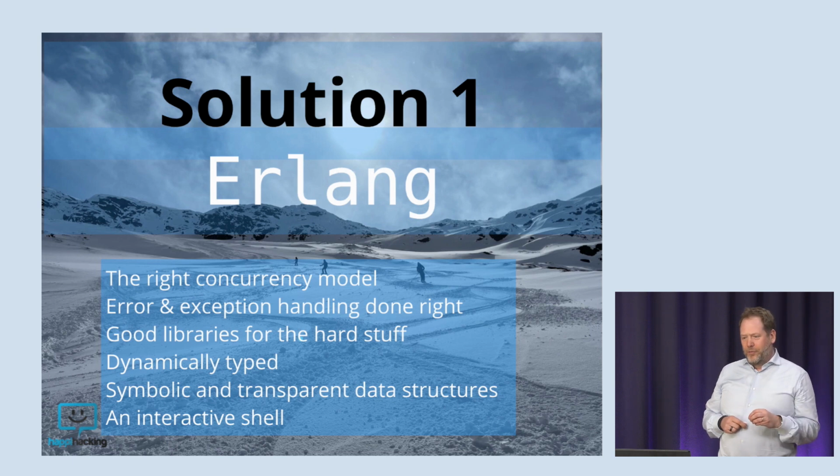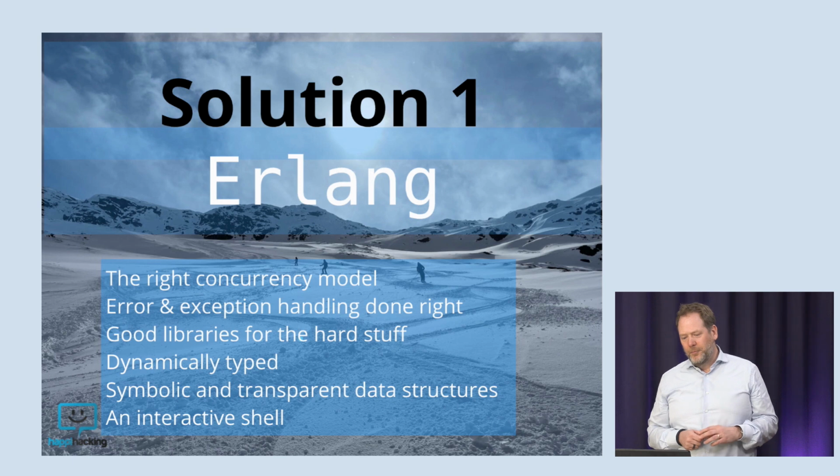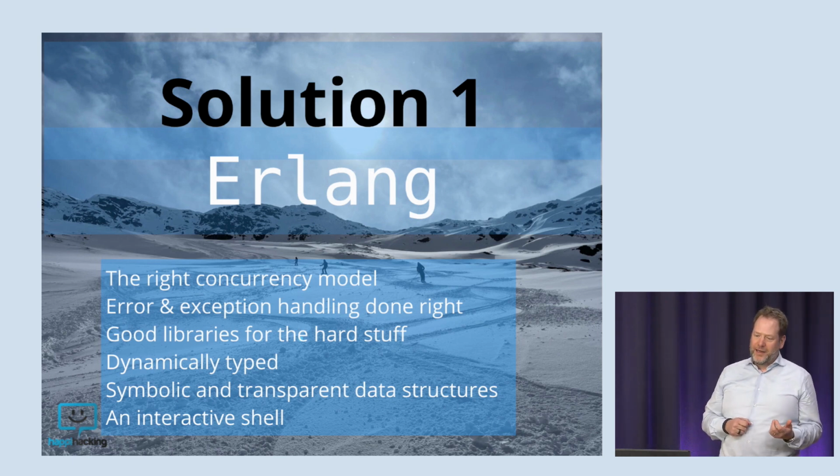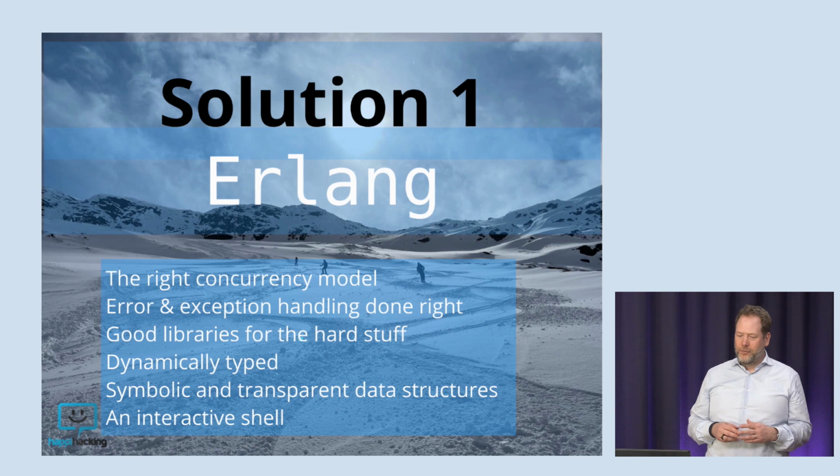Also, there are a couple of things that are hard when you work with concurrency. So you want to make a couple of libraries where you really think about how to do these things. And we have things like gen servers and supervisors in the Erlang libraries. Erlang also became dynamically typed, and we'll talk a little bit on some advantages with that. There are also some disadvantages, of course.